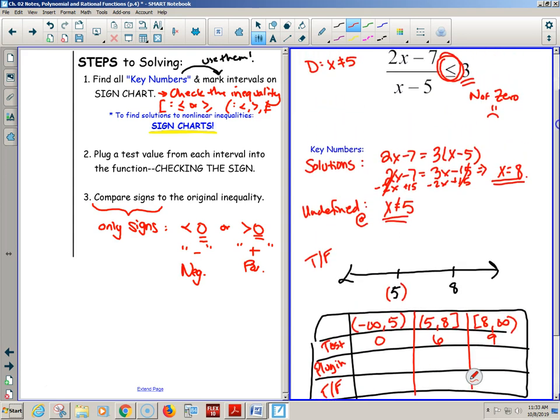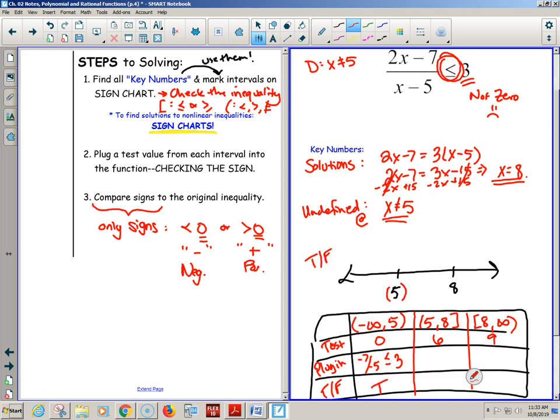I just have to ask myself true or false? Technically, you can just go for it as it is and be like, okay, I'm plugging in 0. Negative 7 over negative 5. Is that less than or equal to 3? No, you're right though, because it's a positive 1 2/5. Yeah, it's a positive 1 2/5. That's less than 3.